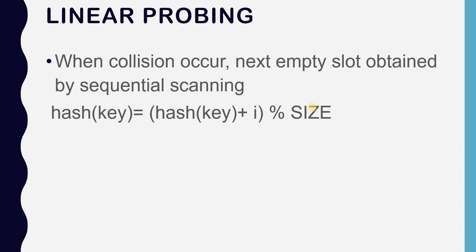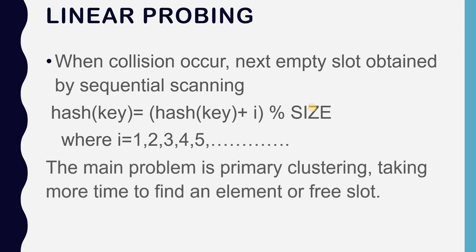So (hash of key plus i) mod size is used for searching the empty slot. The value of i varies from 1, 2, 3, 4, 5. The main problem with linear probing is primary clustering. It takes more time to search for an element as well as to find a free slot in the hash table.